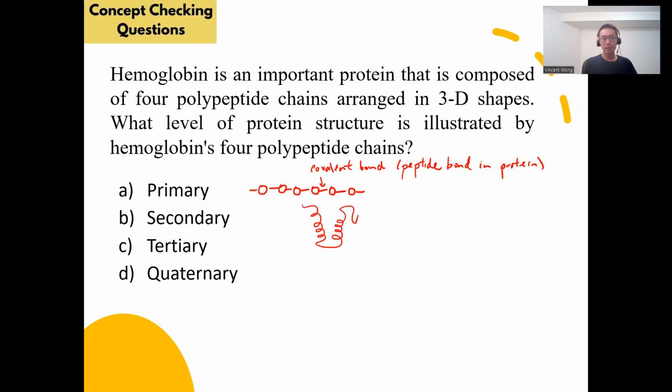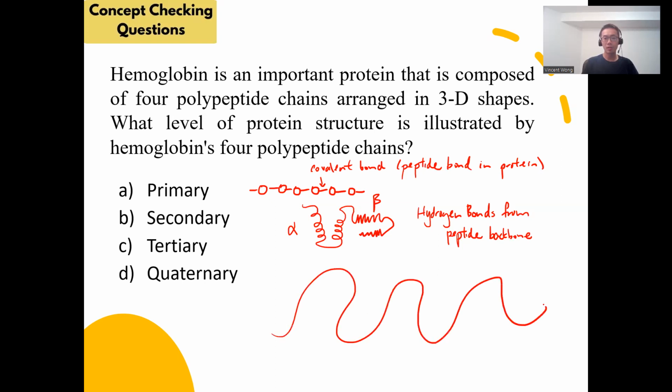Secondary is they form these helix, right? And zigzags. Right, so that's the alpha helix and the beta sheets, and that's held together by hydrogen bond. Hydrogen bond from peptide backbone. Okay, so remember this is your backbone, and then you would have the side chains, right?